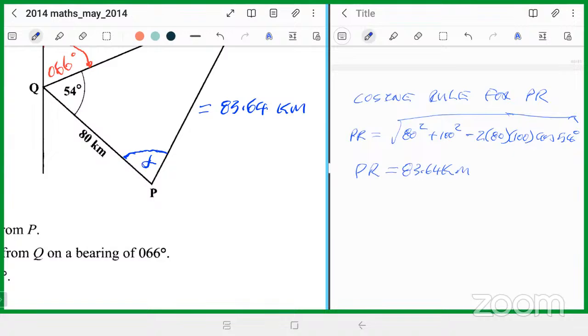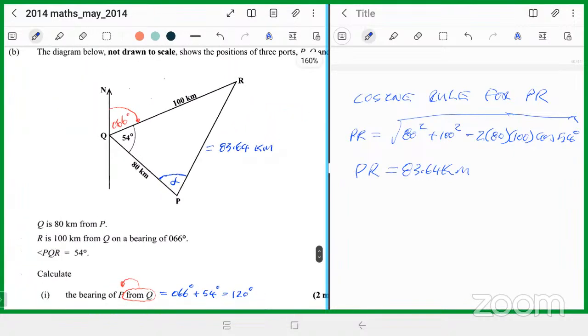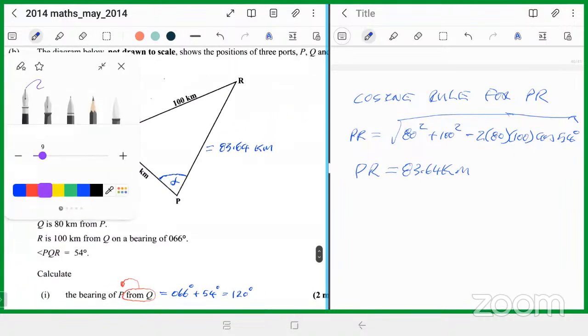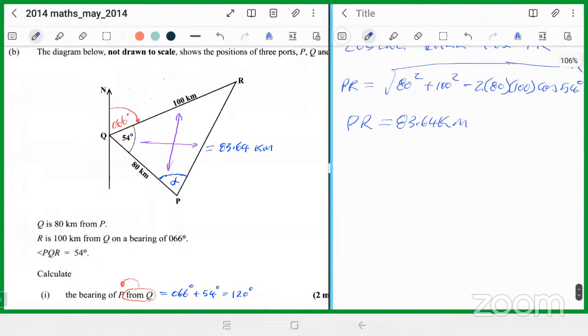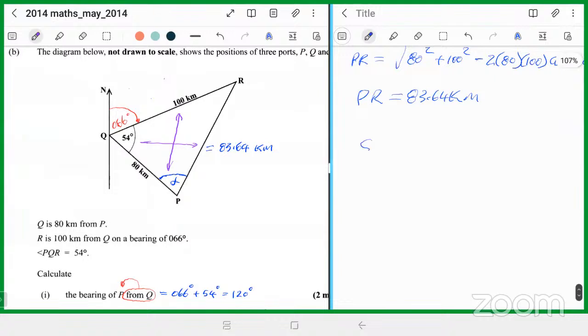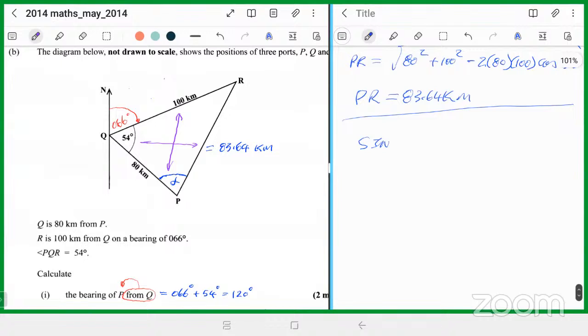And we're going to use the sine rule to do it. So we're going to pair these two. Let's do it right here. So we're going to say sine rule for the alpha.